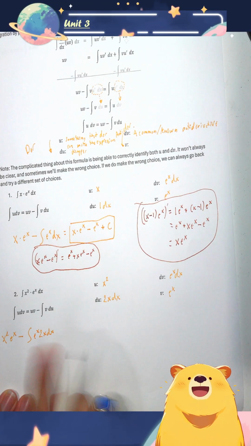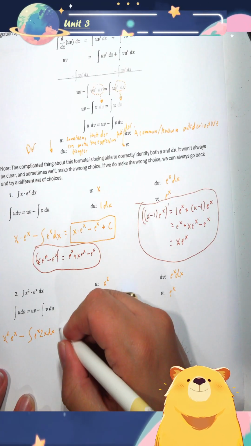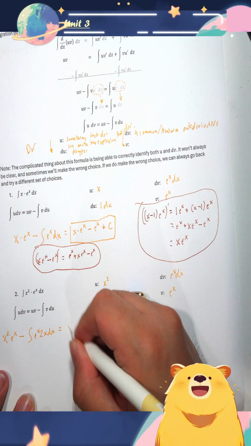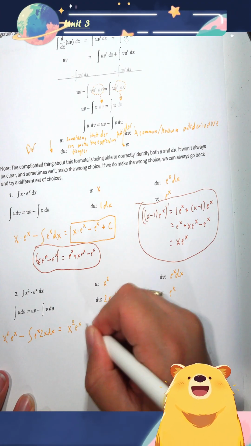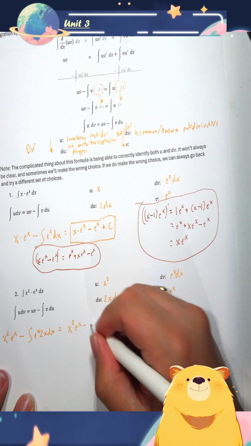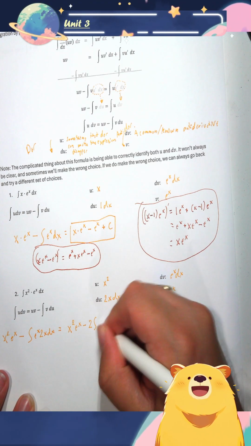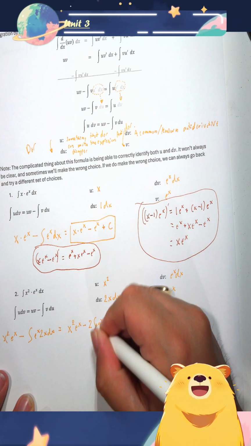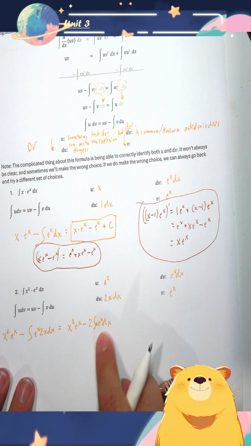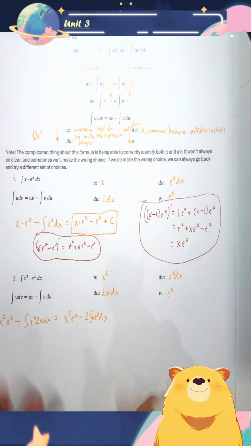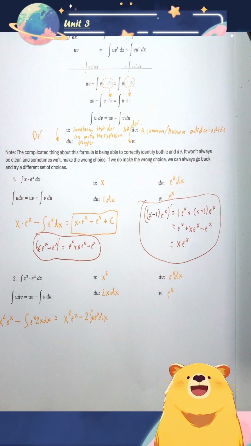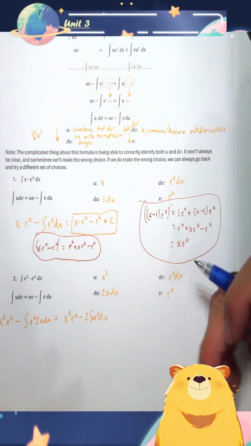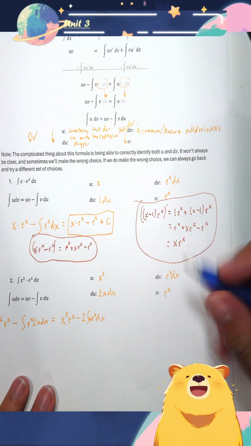We can mess with this a little bit: x squared e to the x minus 2 times the integral of e to the x times x dx. I'll put the x over there. So what do you think we do here? Well, we are going to take another integration by parts.